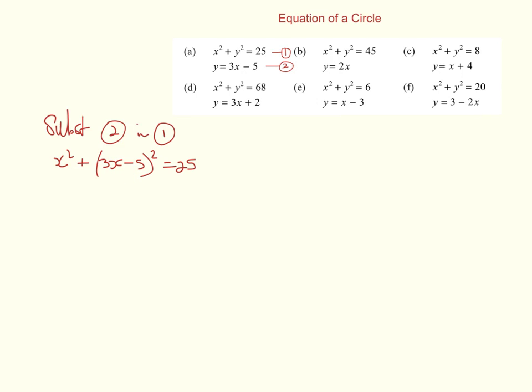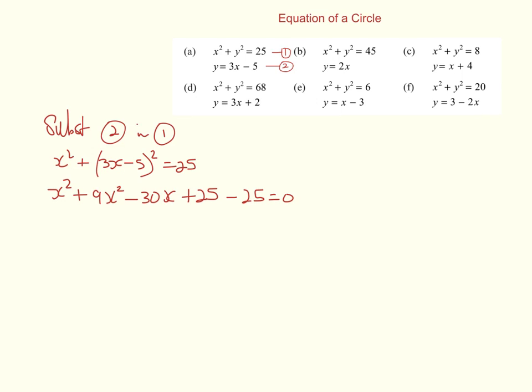Okay, so I'm not going to go through that, I'll just jump straight through it. So that gives us then x squared plus 9x squared minus 30x plus 25. Bring this 25 over, you get minus 25, and there's nothing left over there, which you do want because you know you're going to end up with a quadratic and you'll need to solve it anyway.